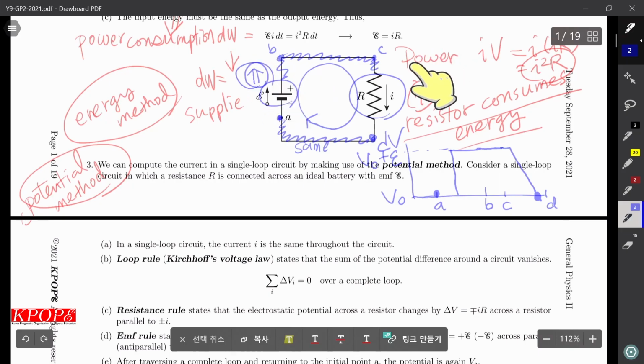So up and down. The potential goes up when we pass through the battery from the negative terminal to the positive terminal, and decreases as we follow the direction of the current along the resistor.